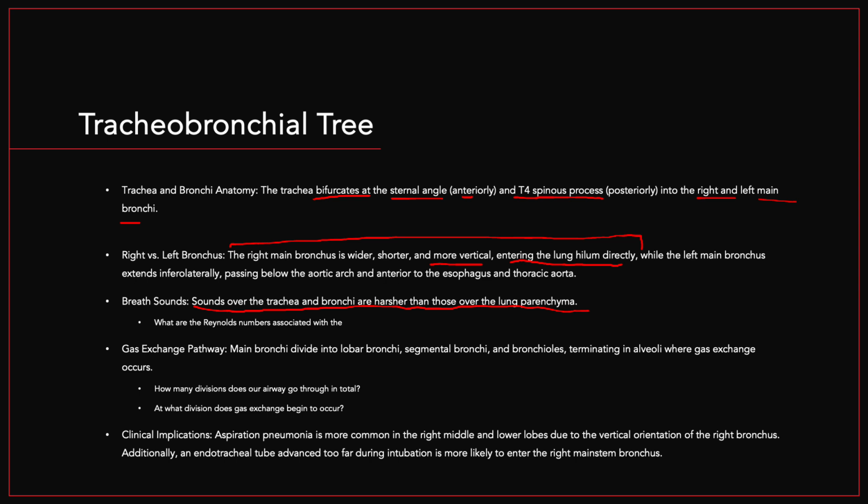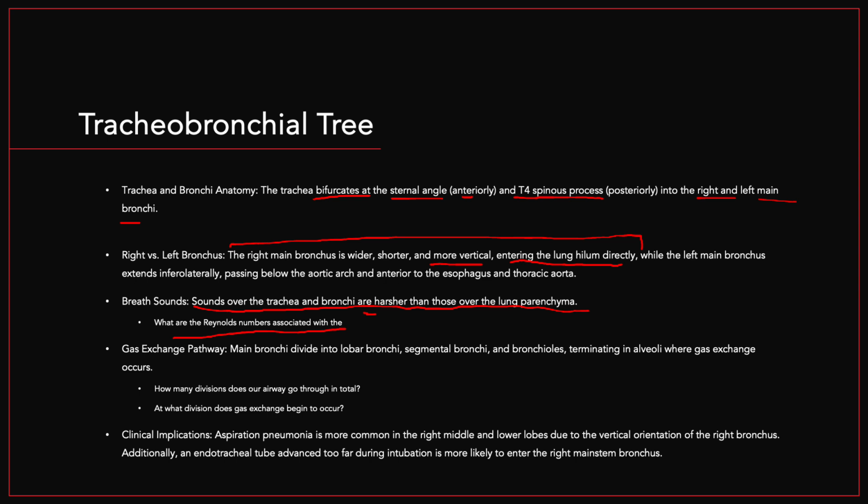So then, what are the Reynolds numbers that are going to be associated with the flow and the breath sounds that we're hearing? So this is pretty interesting. If you look in the notes, you go back to applied sciences, and we have different types of flow, right? Laminar, turbulent, and transitional, right? So the tracheobronchial tree contains all three.